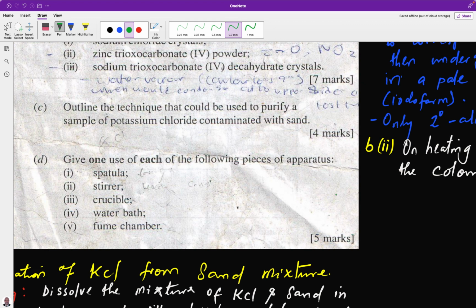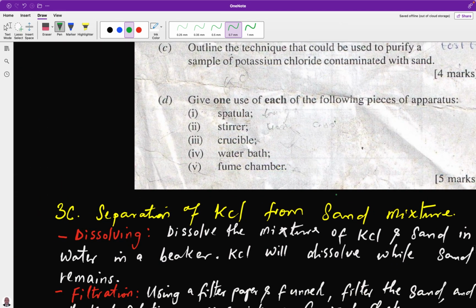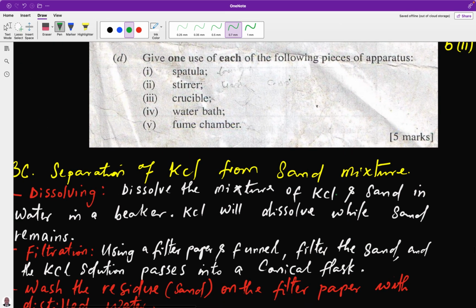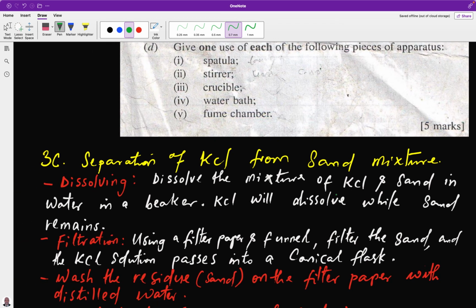How can we obtain a pure sample? That is a separation technique, the separation of potassium chloride from a sand mixture.